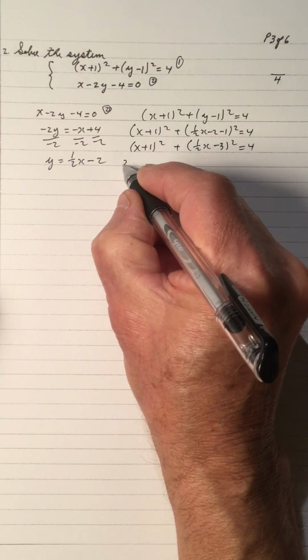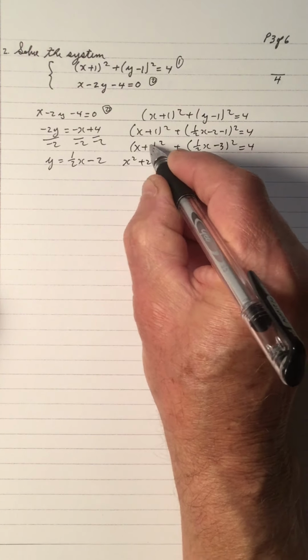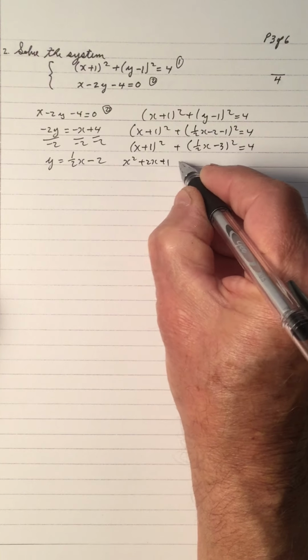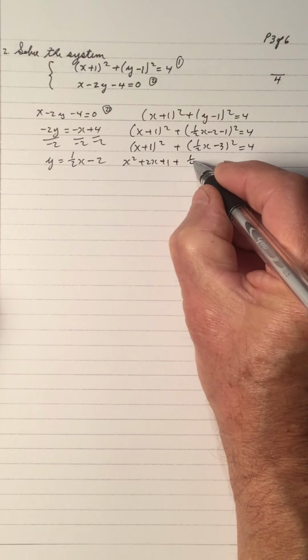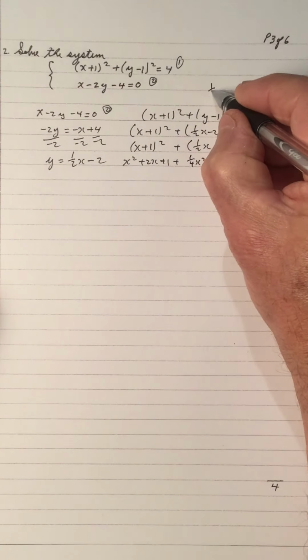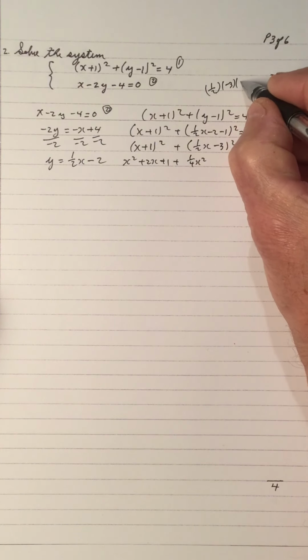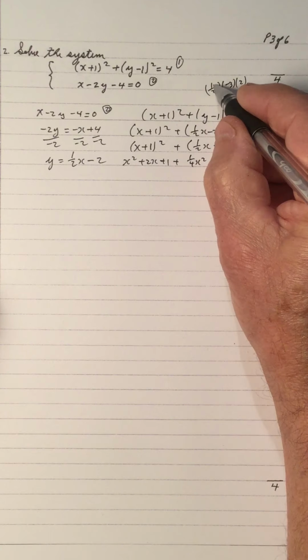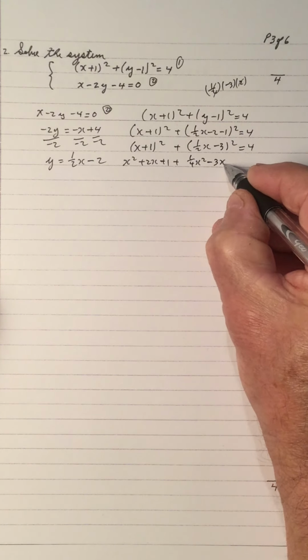So x being squared, the product is x doubled, which is 2x, and 1 is squared. Now we take a half x and square it, we get 1/4 x squared. And now we get a half times negative 3, and we double it, 2. So the 2's cancel out, and we get a negative 3x.